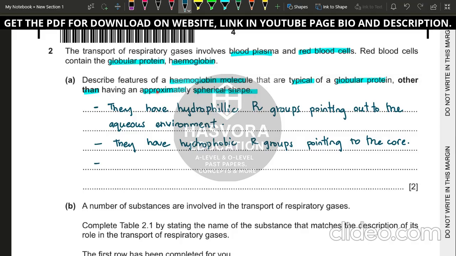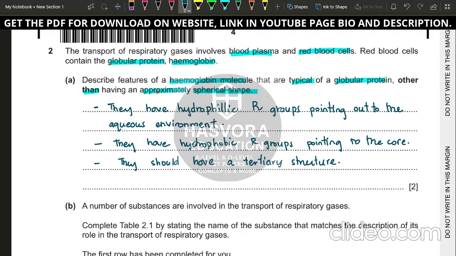And the third one will be that they should have a tertiary structure. So these are actually your 3 points for the globular proteins.